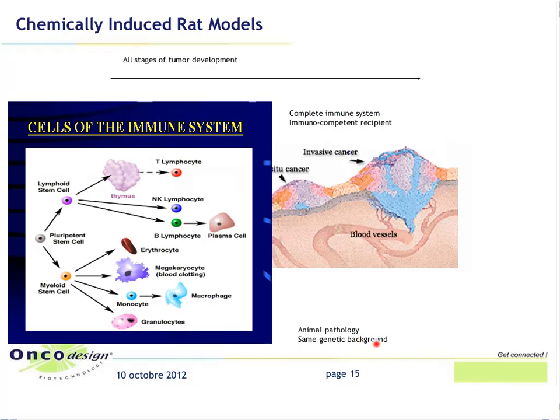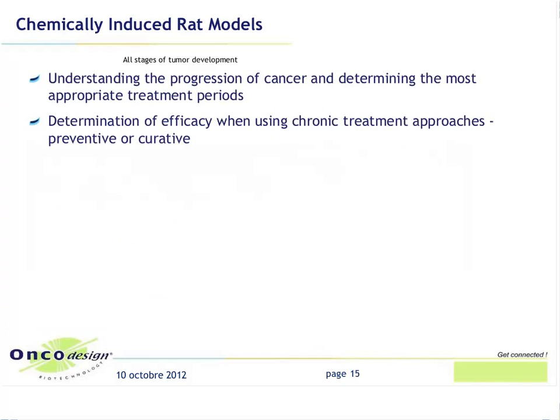The tumor stroma and the pathology are rodent. The animals could be followed during a long period of time, and the most appropriate treatment period can be determined. Moreover, drugs could be studied through preventive or curative treatment approach.